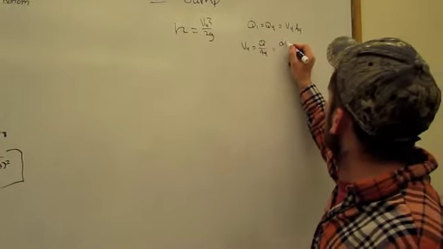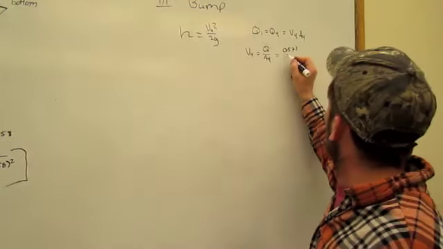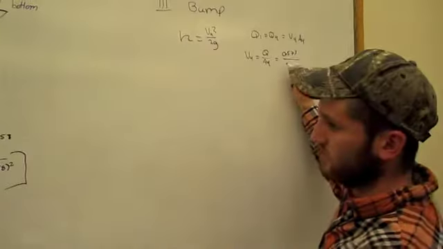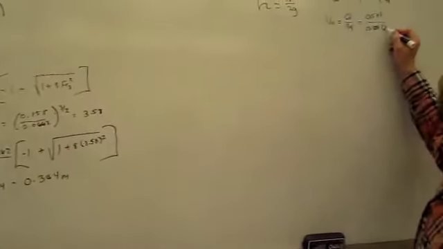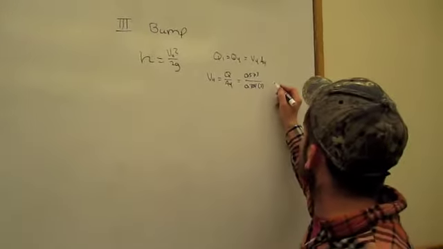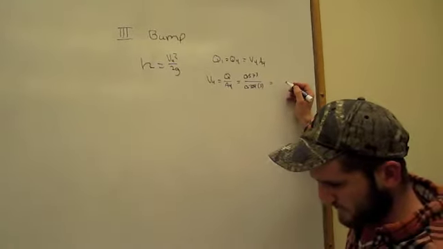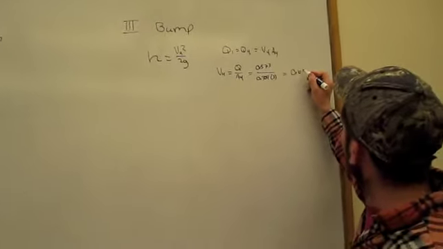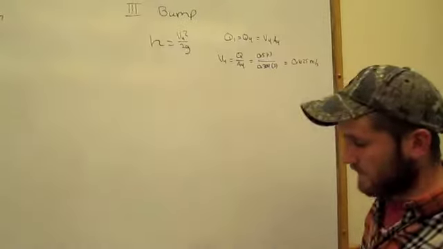So we have 0.573 over y4, 0.304 times our base of the channel, which is 3. This gives us 0.625 meters per second at 4.